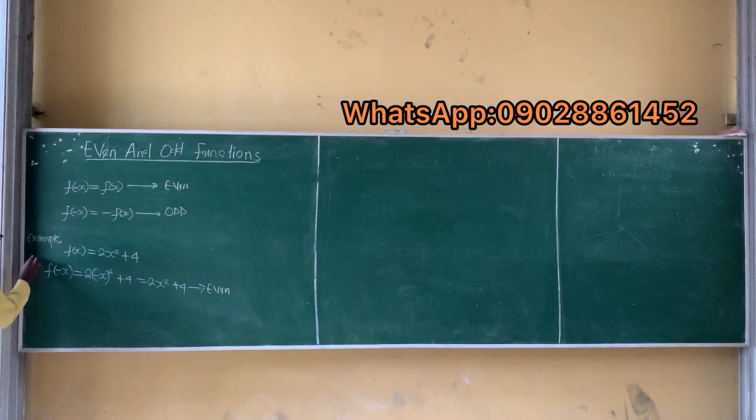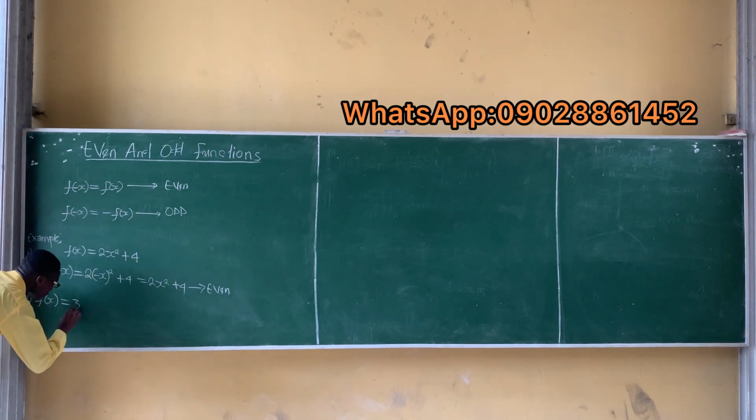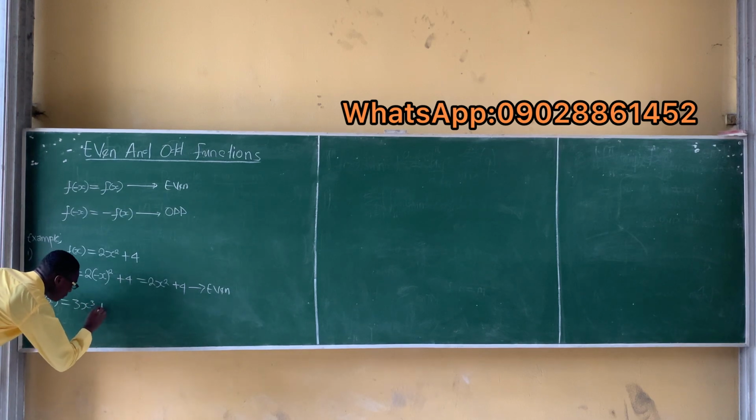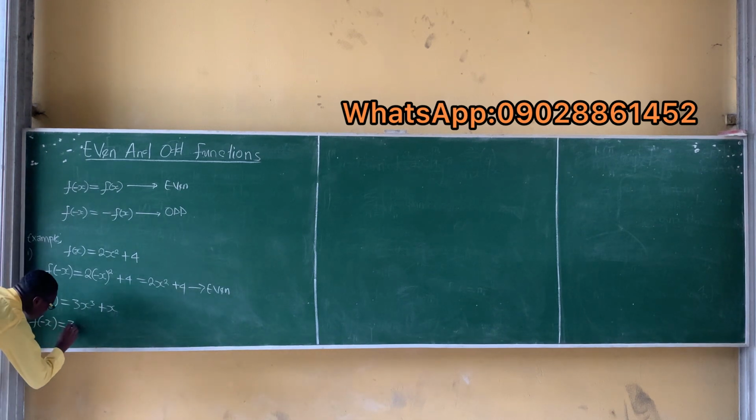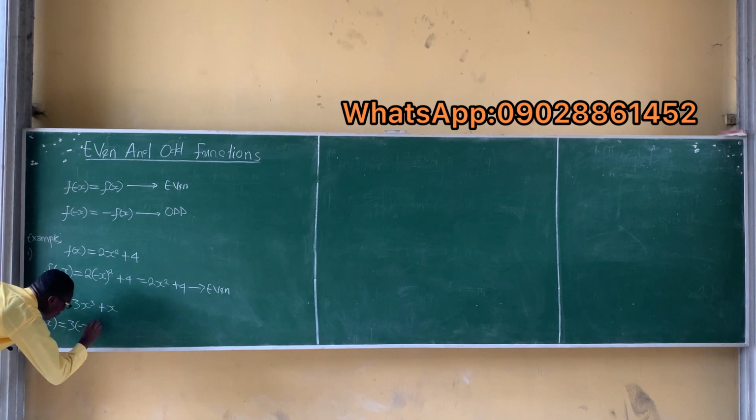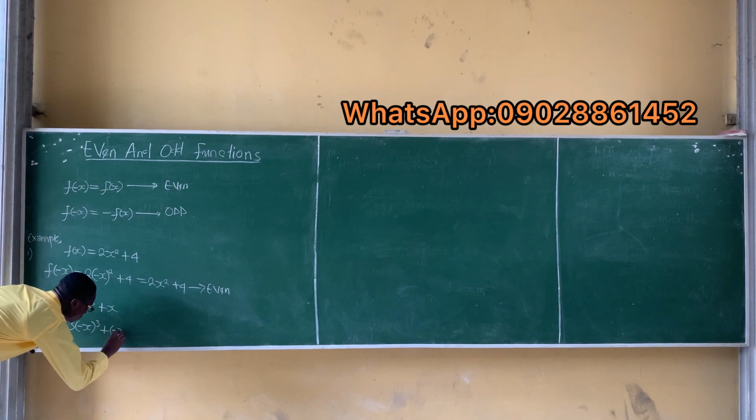Take another example. If we have f of x equal to 3x cubed plus x, let's check if this function is even or odd. We substitute minus x for x. So f of minus x is equal to 3 times minus x to the power of 3 plus minus x.